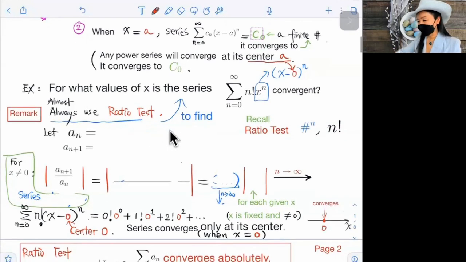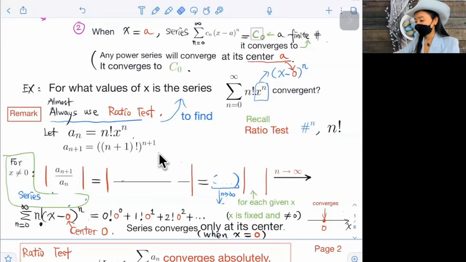Last time we talked about the ratio test, right? So we're going to let an equal to what? What's an in this case? Yeah, you got it. n factorial times x to the n. This is an. And then an plus 1 will be, we replace n here by n plus 1. So you got this one.